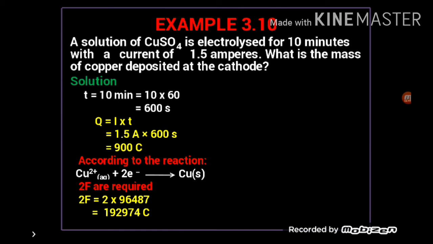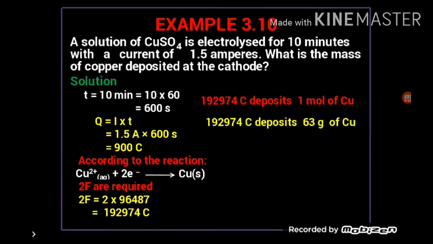Now from this calculation, it is clear that the total amount of charge is 1,92,974. This amount of charge deposits 1 mole of copper, because here you can see 2 moles of electrons give 1 mole of copper, or 1 mole of Cu2+ gives 1 mole of copper. 1 mole of copper is equal to 63 grams.